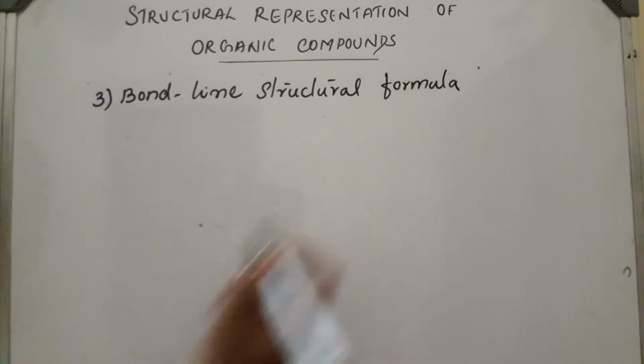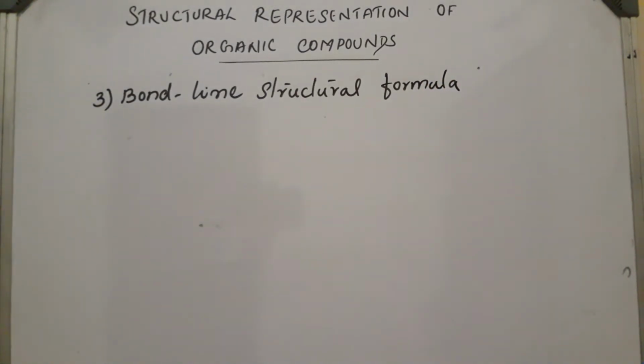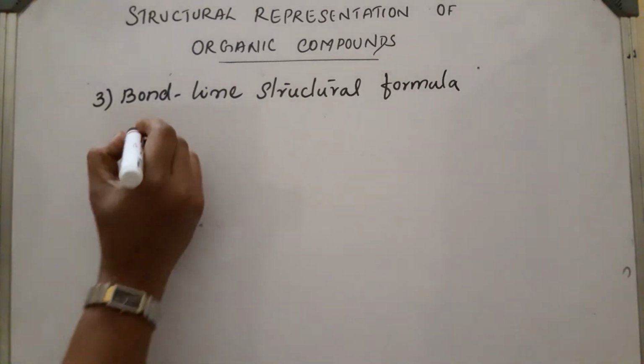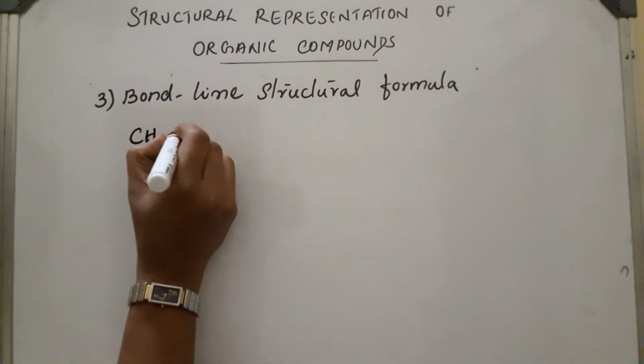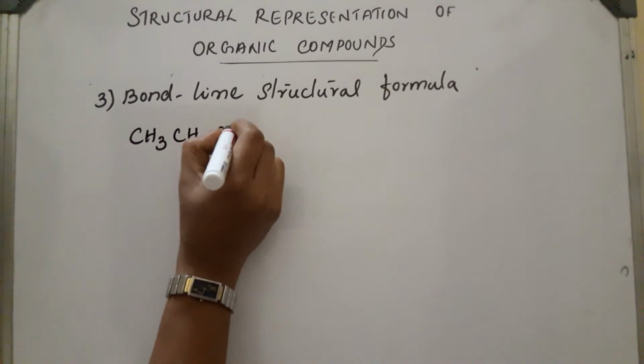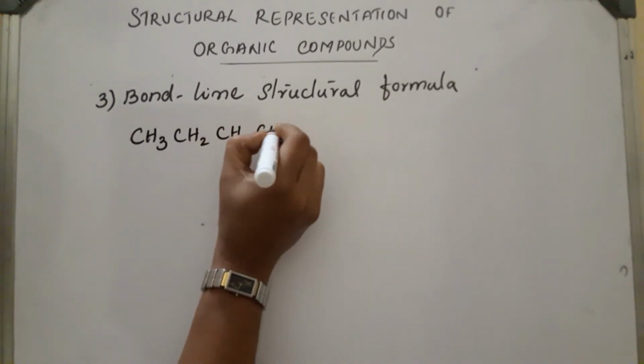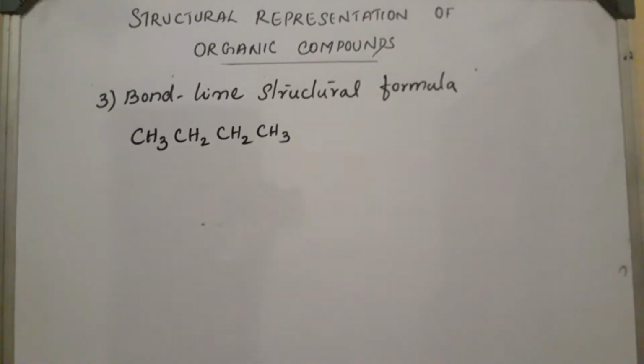How can we draw this? Take one example: CH3, CH2, CH2, CH3. In this case, the carbon and hydrogen atoms are not shown in the bond line structural formula.